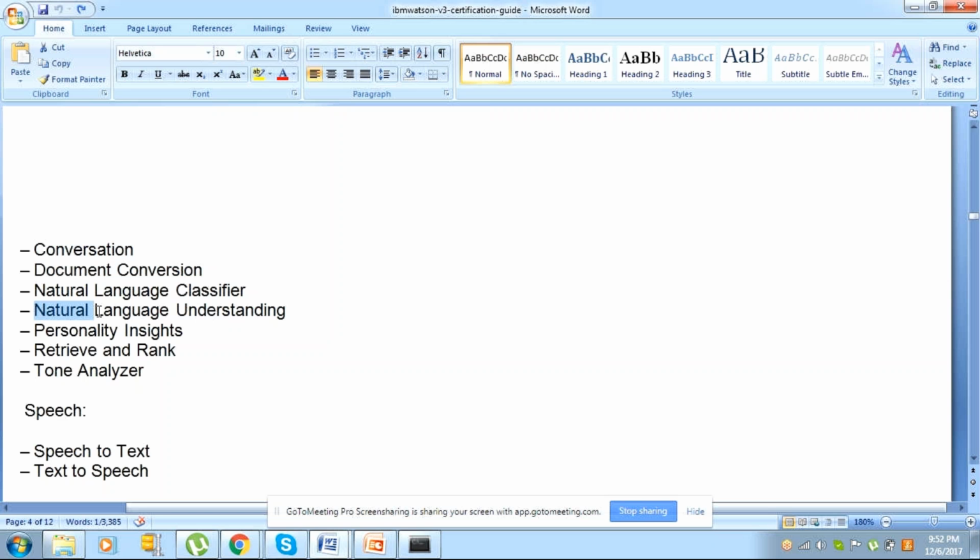Personality insight will tell, for example, that the person is rude, has anger in his writing, or is polite. This kind of thing can be highlighted once we upload a text and use these services. Watson tells us the percentage of keywords, whether this person has angerness or smoothness.